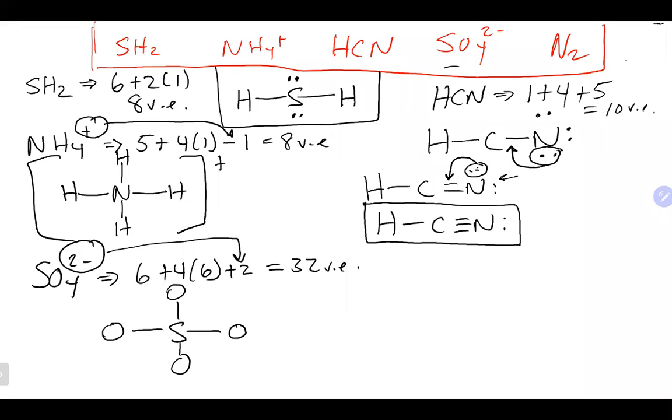That is 2, 4, 6, 8 electrons. That leaves us a lot more to go, the 24. Those are going to go on the outside. So 2, 4, 6, 8, 10, 12, 14, 16, 18, 20, 22, and 24 at that point.